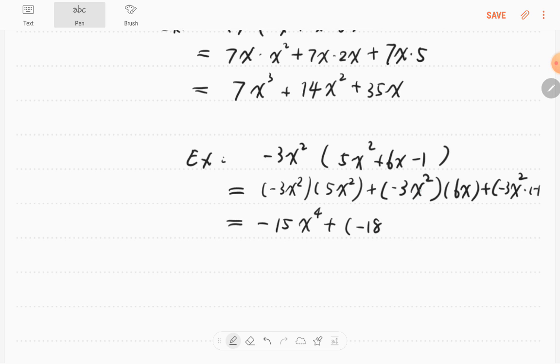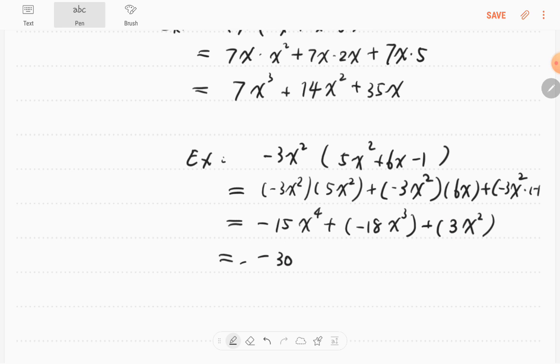This time we have x squared times x, so we have x to the 3rd. Okay, the last term we will have negative 3 times negative 1, so we will have 3x squared. After that, we will just do the addition. So negative 15 plus negative 18 plus 3, we will get negative 30.